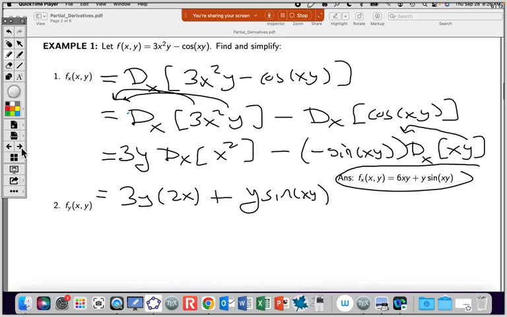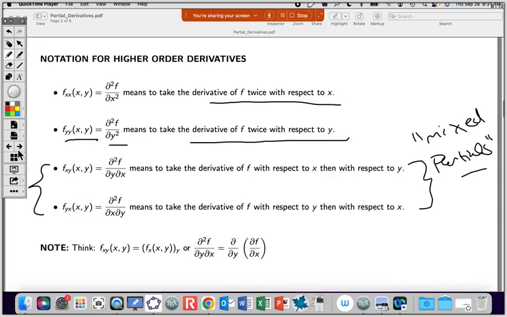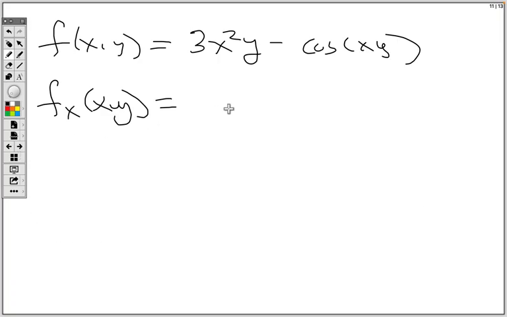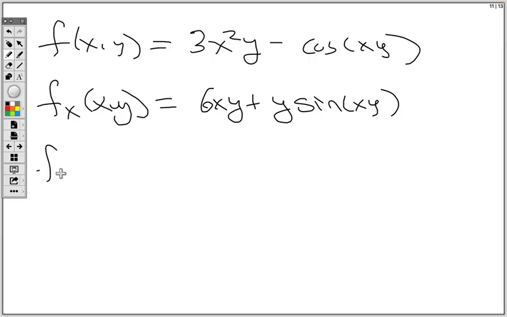So fx was 6xy plus y sine of xy. And let's do the 2 partial second derivatives that can come from this. So I could look at fxx. That means I take the derivative with respect to x again.